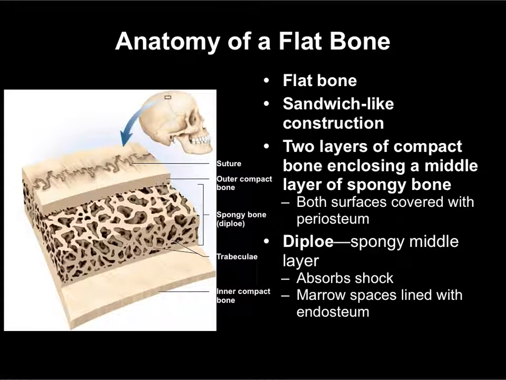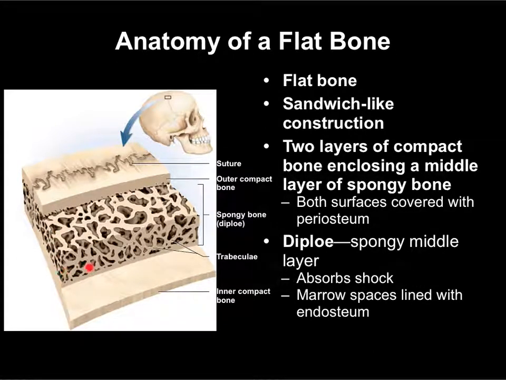Flat bones are simply not as hard as long bones. They've got less compact bone tissue. Compact bone tissue is very, very hard. What they are is a little bit more durable. With a long bone, if you bend it too much, it tends to crack.